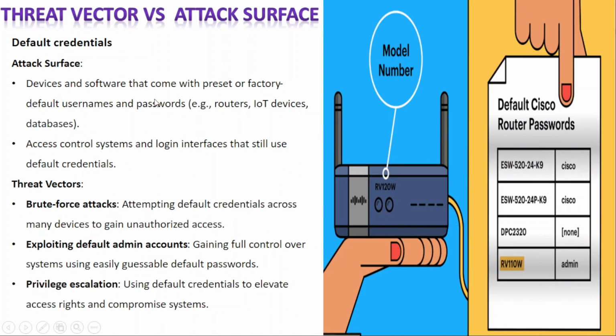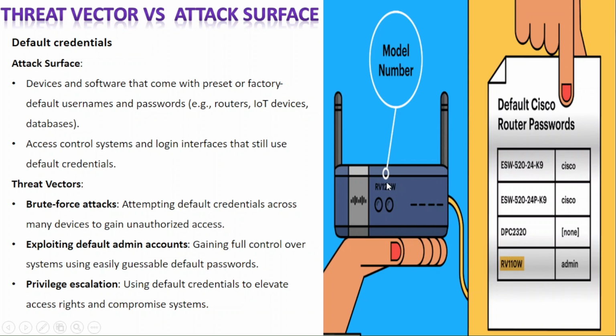Default credentials are a very common and very dangerous type of attack, because mostly when we use network devices or all types of appliances such as these access points, all of these have some default credentials, and the default credentials are also available on the web, published by their manufacturer. For example, if you have a particular router and you just look up its model number or its name on the internet for the default username and password, you can easily get it.